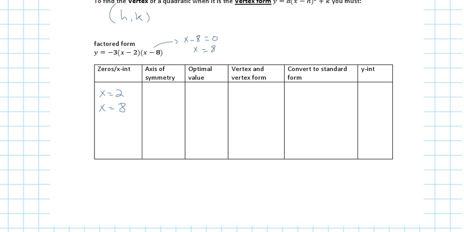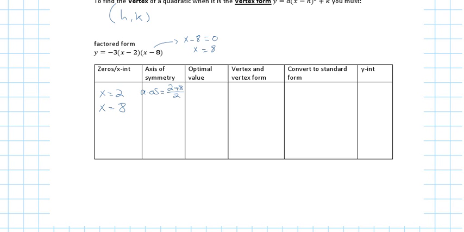We're good? All right. Now, to find your axis of symmetry, what did we say we have to do? Add the 2 zeros, and then divide by 2. So I have to add the 2 zeros and divide the answer by 2.